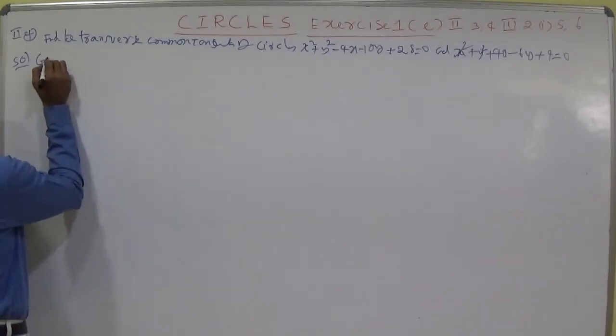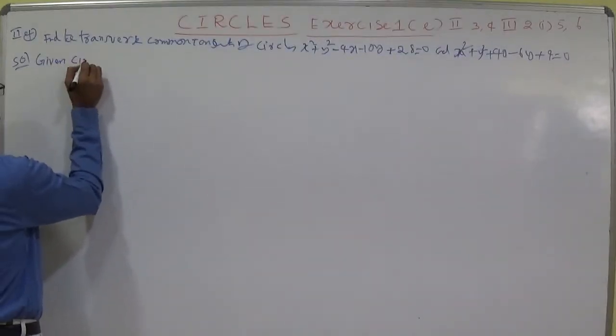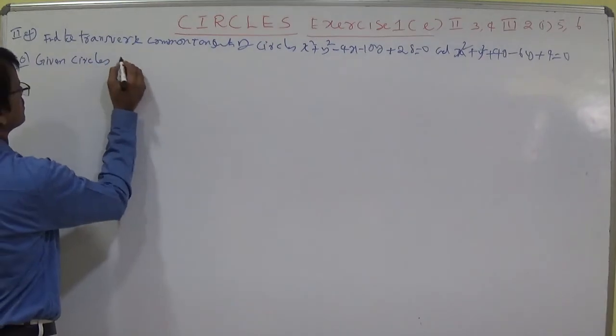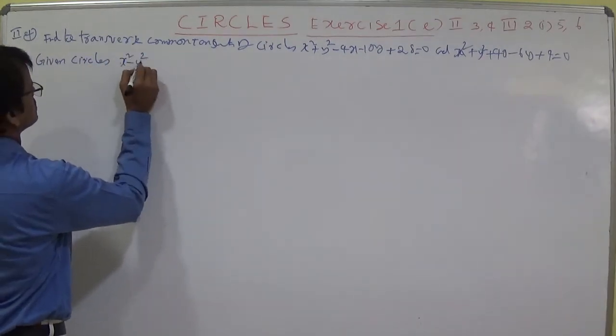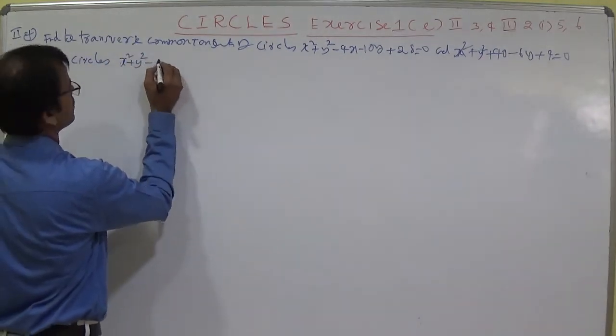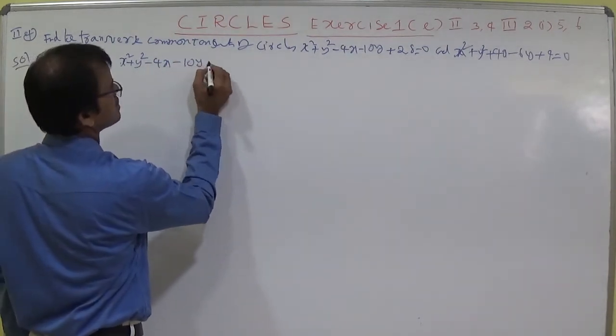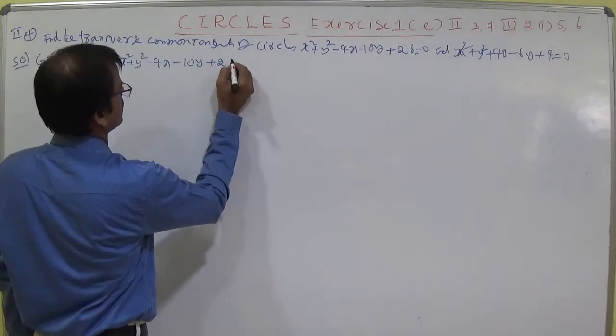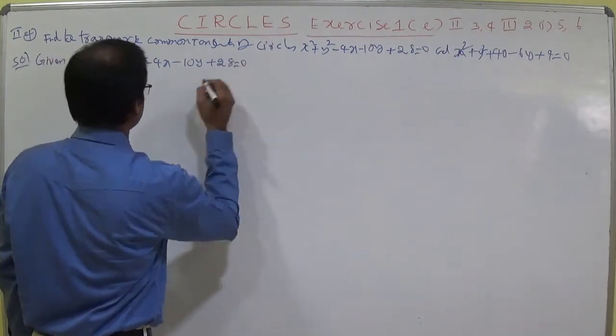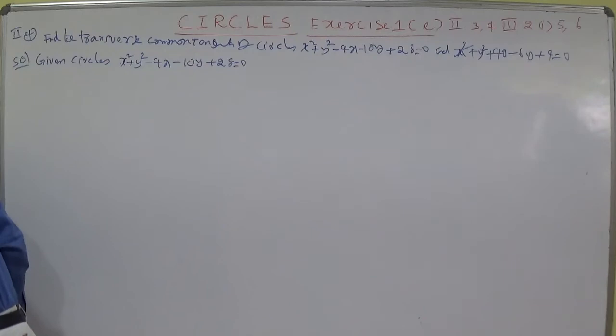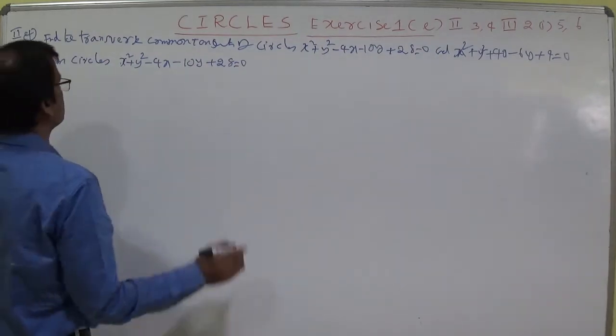Let us consider the given circles. Given circle: x square plus y square minus 4x minus 10y plus 28 equal to 0.